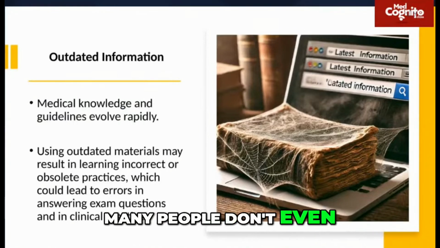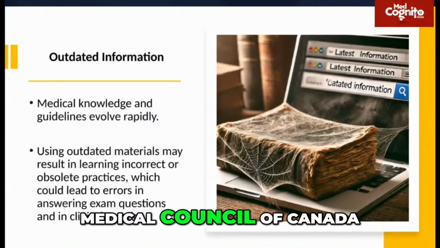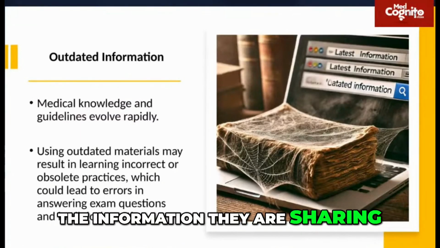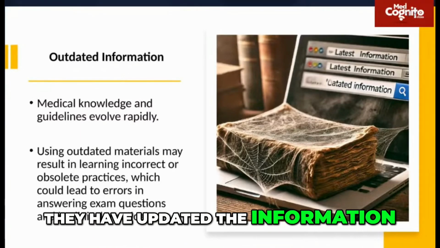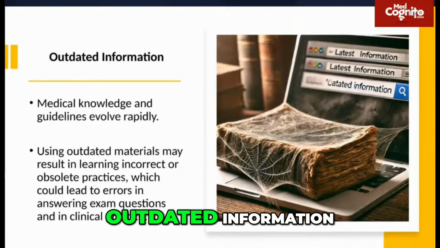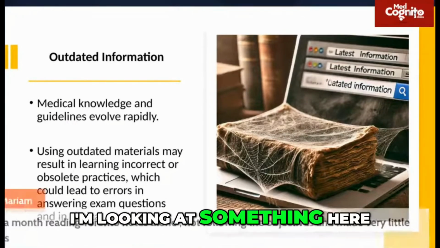Meanwhile, many people don't even know that the Medical Council of Canada, the MCC itself, has updated the information they are sharing. So the reason why a lot of people are not getting the best out of their preparation is that they are using outdated information.